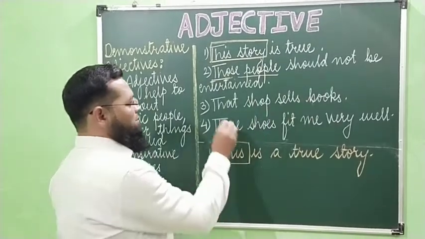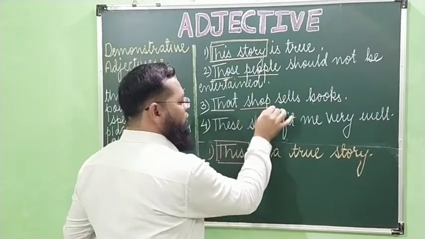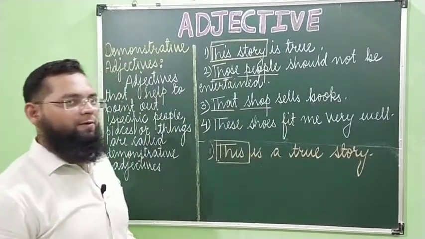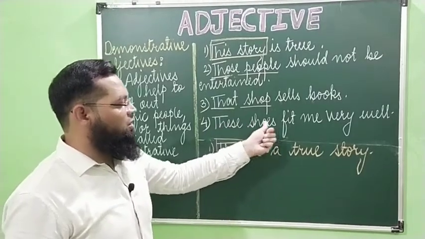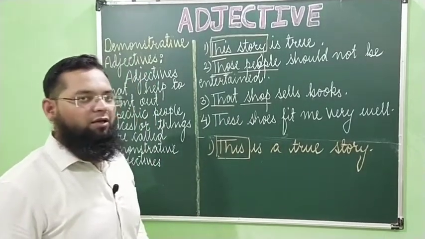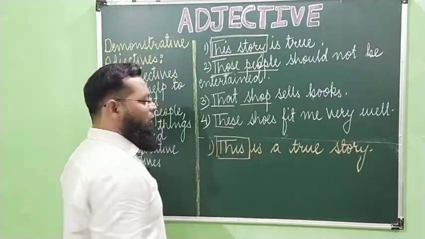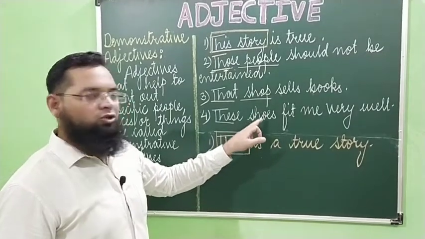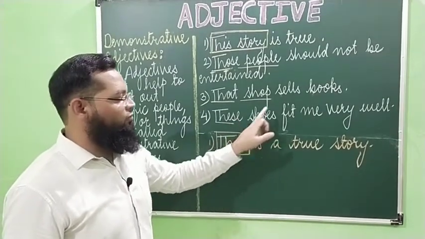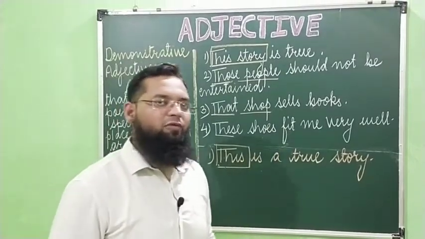Here that is a demonstrative adjective because the noun shop follows it. And the last sentence: these shoes fit me very well. Here these is a demonstrative adjective because it is followed by the noun shoes. This was all about demonstrative adjectives.